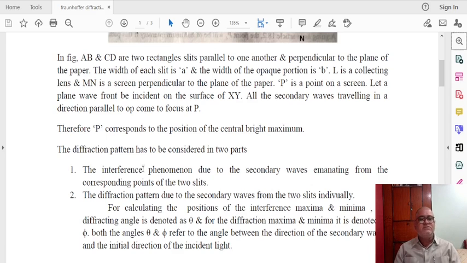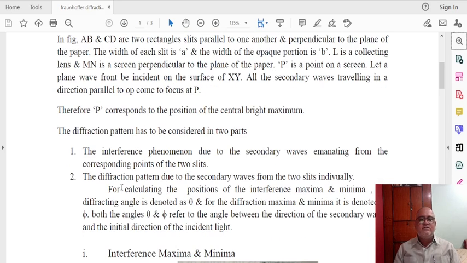The first part is the interference phenomenon due to the secondary waves emanating from the corresponding points of the two slits, and the second part is the diffraction pattern due to the secondary waves from the two slits individually.